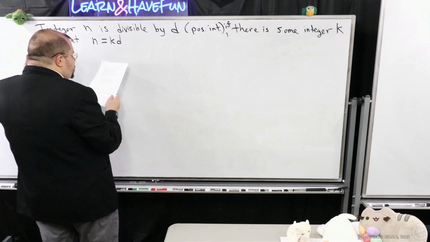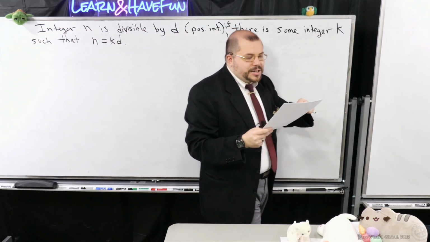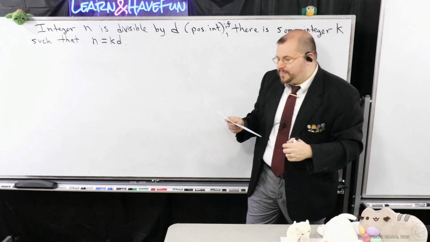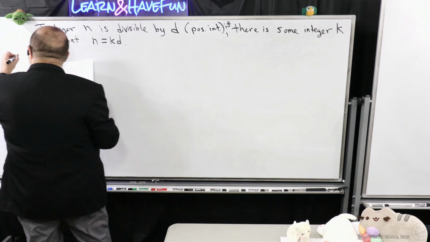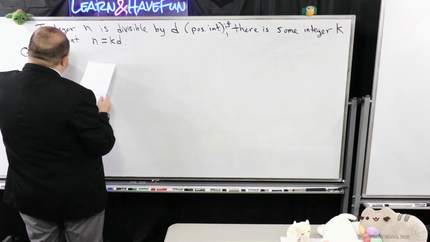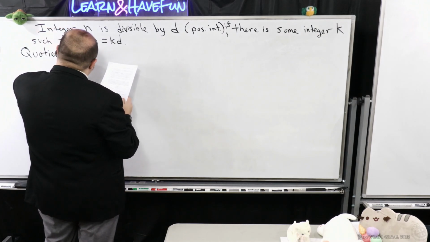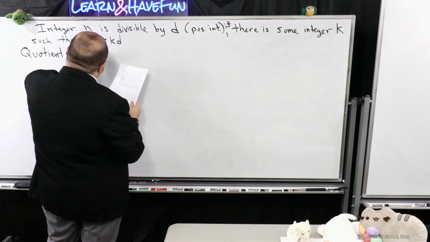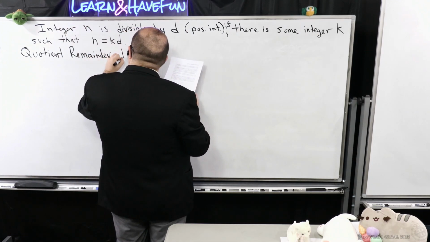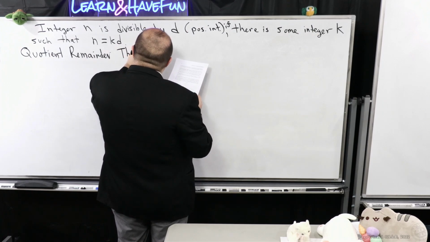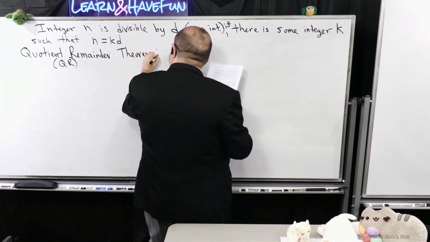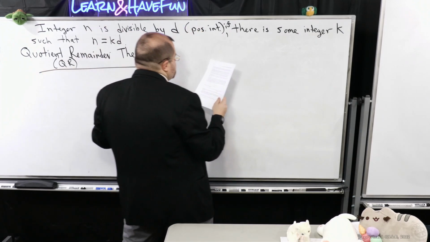Now I'm going to present you a theorem that's going to take advantage of what we know about divisibility. I'm not going to prove this theorem for you, but it's a very helpful number-theoretic theorem. It's very often called the Quotient-Remainder Theorem. I'll abbreviate it QR, for quotient remainder, and it's stated as follows.